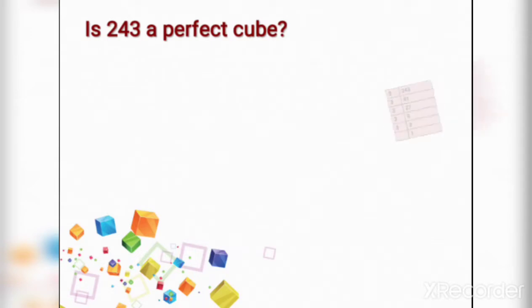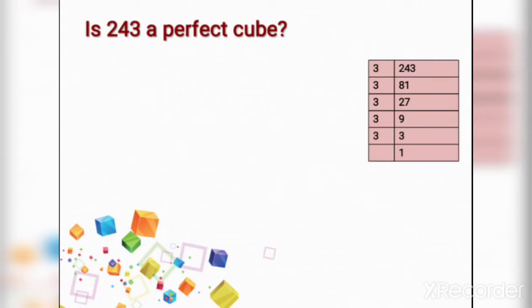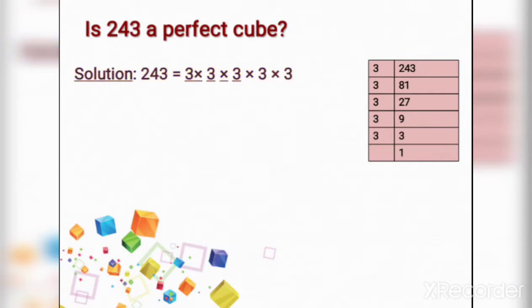Let's take a look at another example. Is 243 a perfect cube? Again, we find the prime factors of the given number. So, the prime factors of the given number are 3 multiplied by 3 multiplied by 3 multiplied by 3 multiplied by 3.